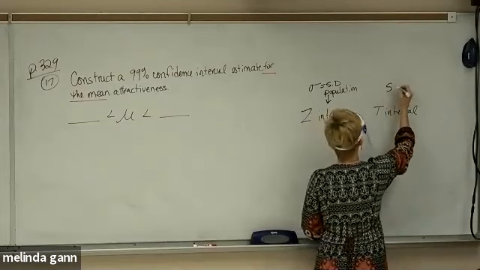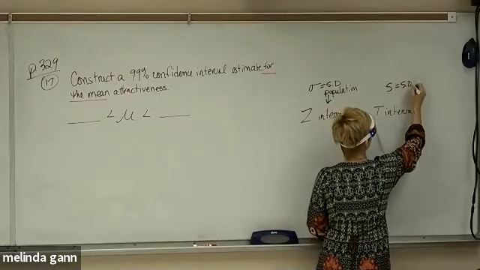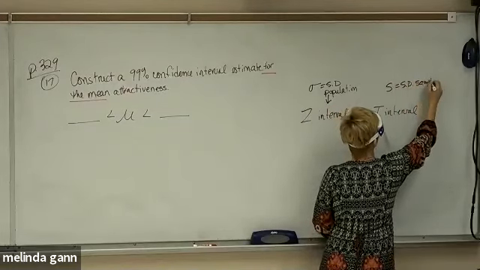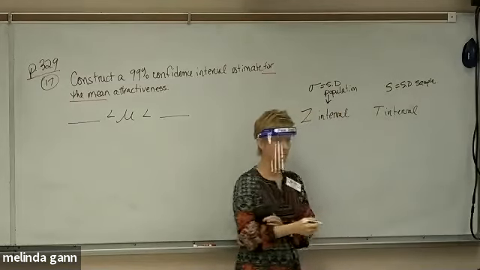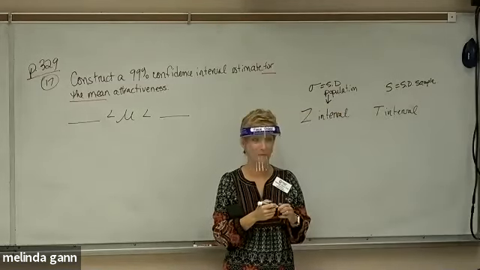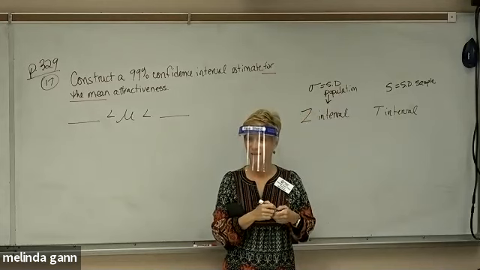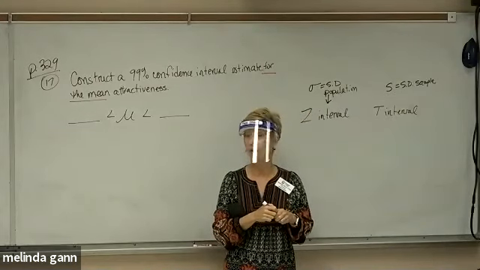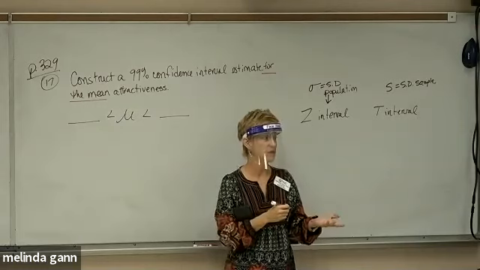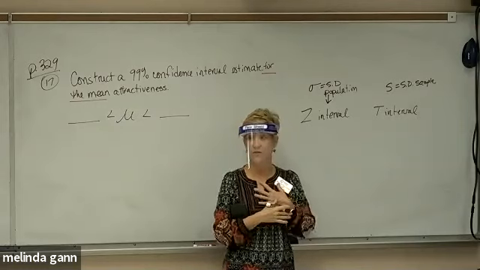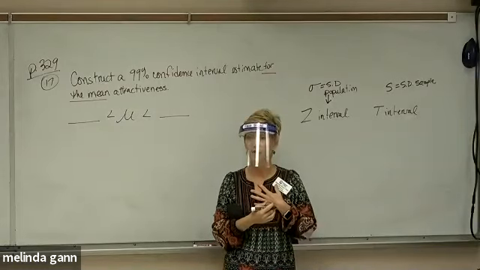If I know s, which is the standard deviation for a sample, then I go to t. Now, what's my problem? I don't have any standard deviation. Well, then you're going to have to go get one.